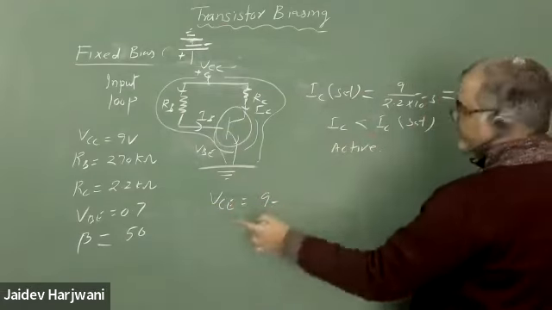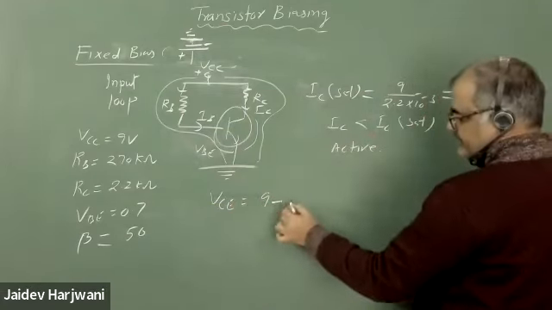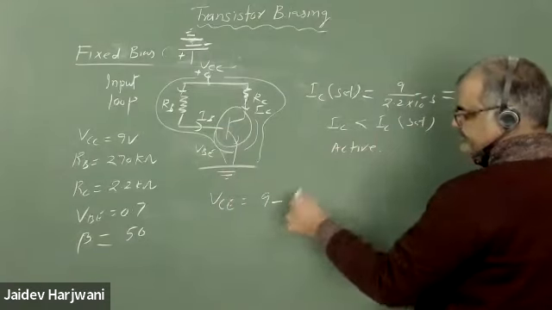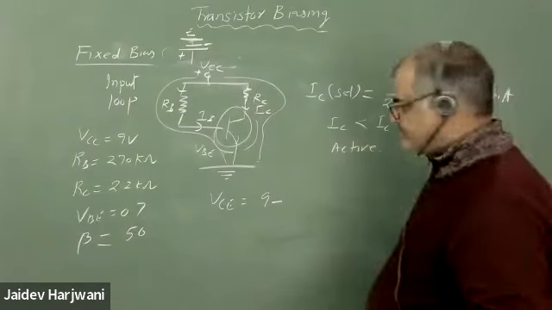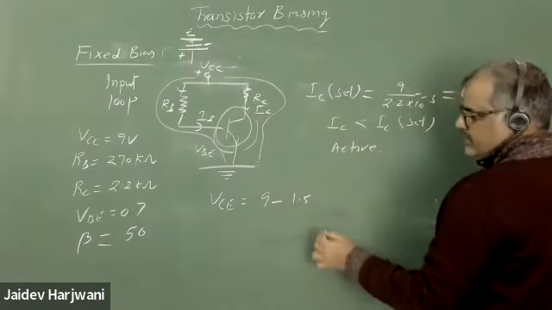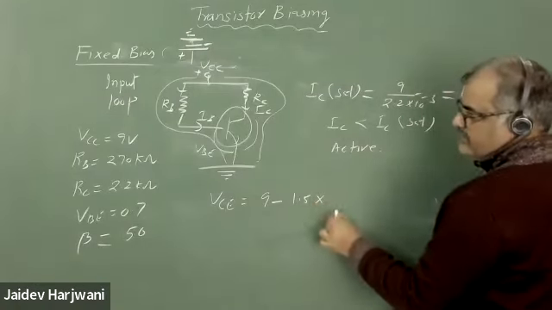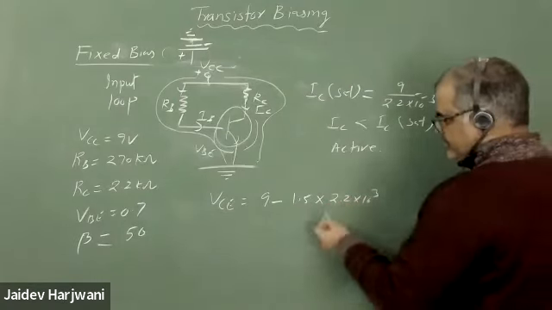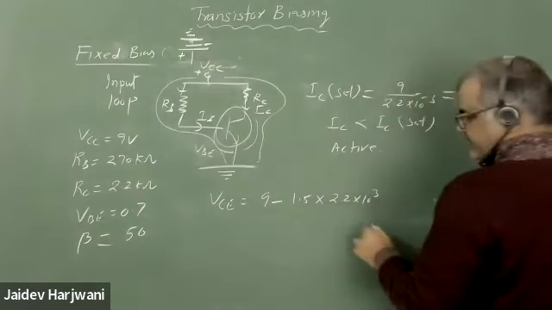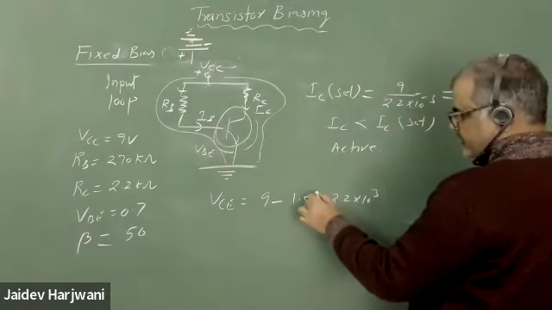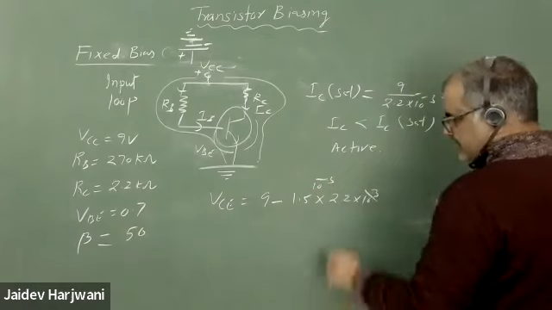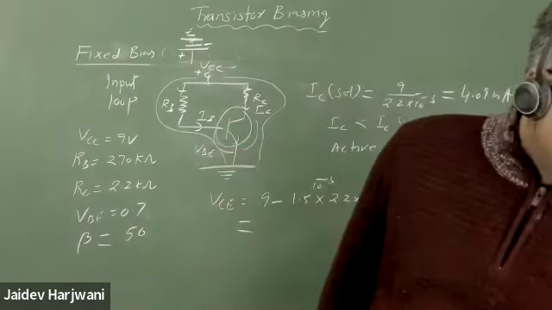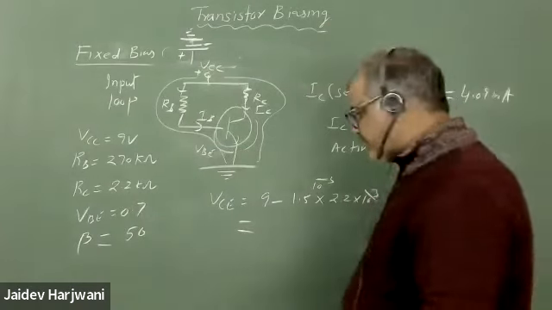IC you have just now calculated, how much was it? 1.5. IC RC, with RC 2.2 times 10 raised to power 3. Milliampere and kilo ohm, so the powers cancel. So 9 minus 3.3 should come 5.7. Good, so 5.7 volt is coming.